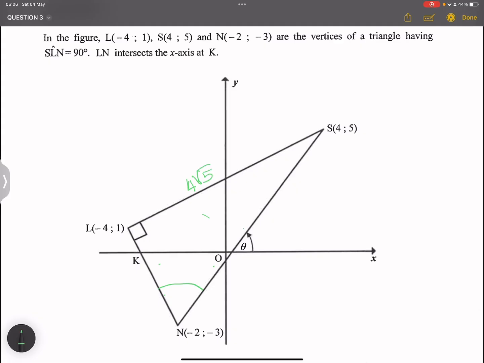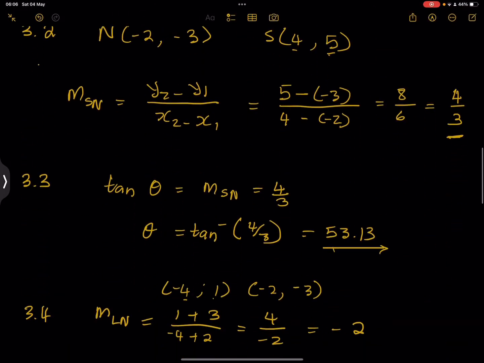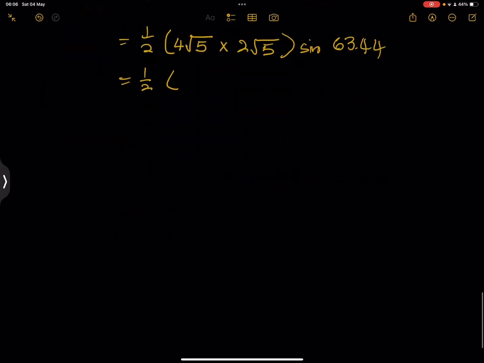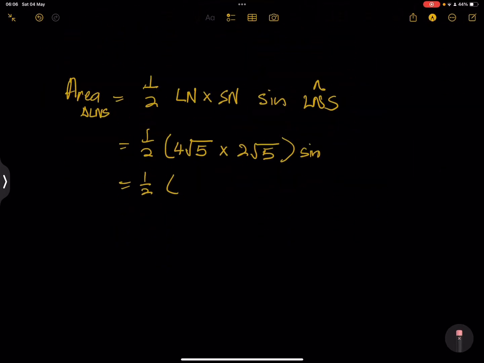And we just found LN, which was 2 root 5. Yeah, almost made the error there. Remember the angle in between them is the 90 degrees, right? And we know that the sine of 90 is 1. So we could have just used sine of 90 there. Yeah, sorry about that. So this is sine of 90.